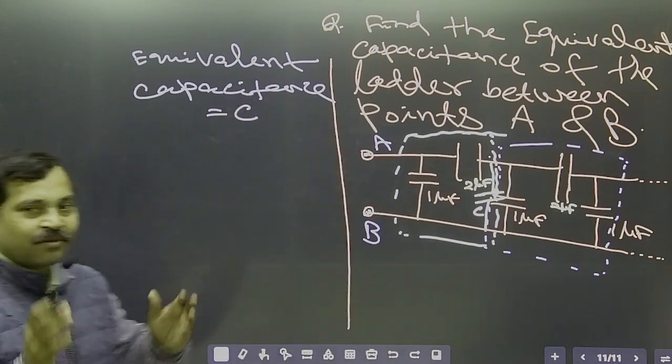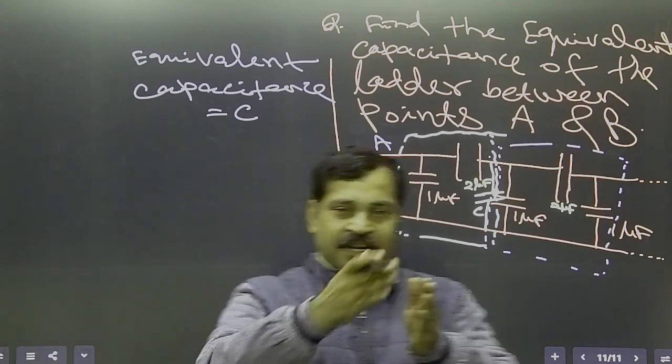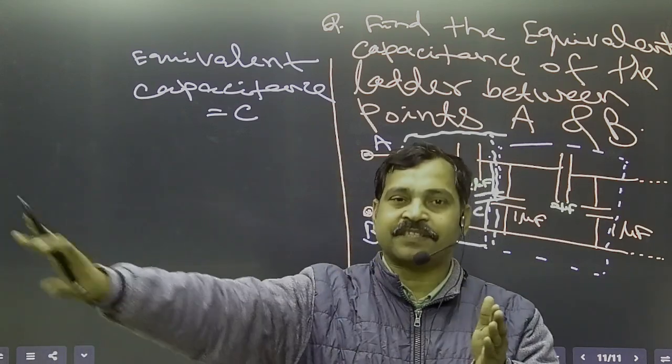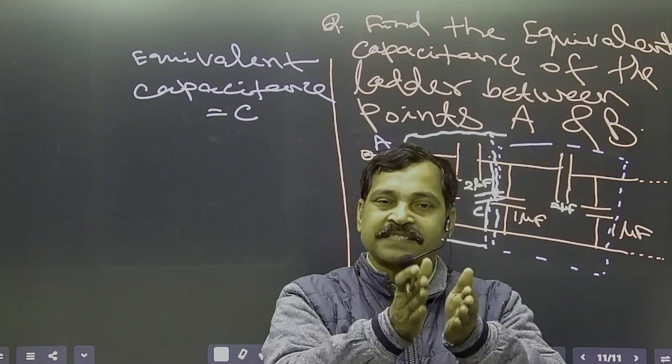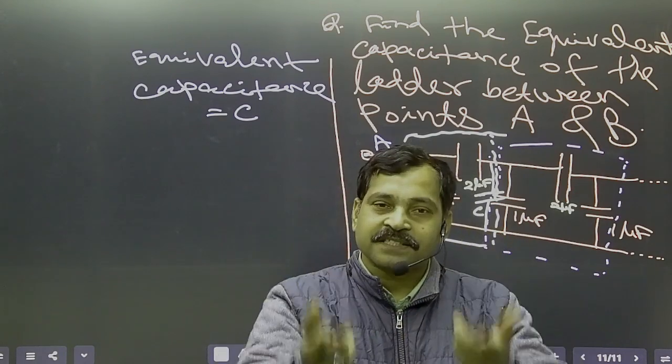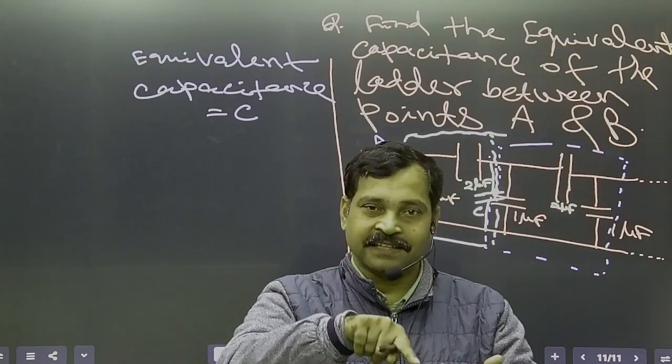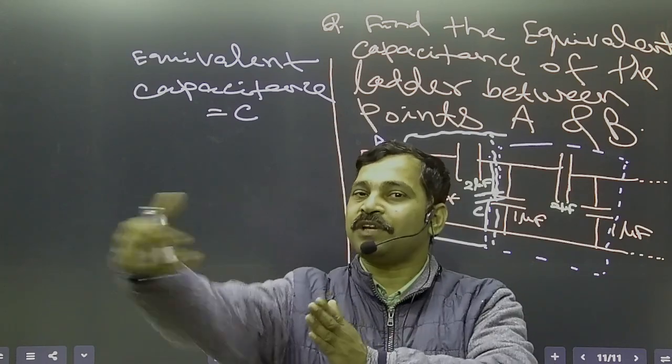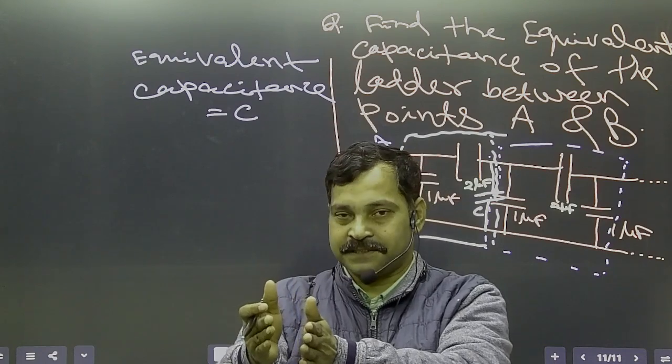So eliminating the repeating sections, we consider only one section whose equivalent capacitance will also be C, same as the total capacitance we have eliminated.